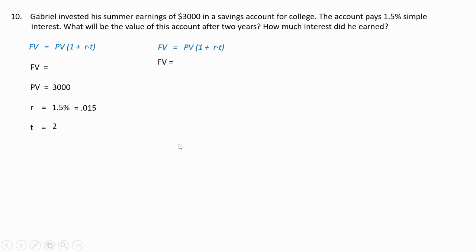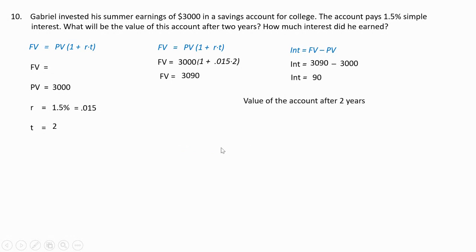Now what we do is plug it into the formula and put it into the calculator. So the future value is 3,090. Now you want to find how much interest he earned. For interest, I'm going to subtract the future value minus the present value to find the interest earned, or the extra money that Gabriel earned. 3,090 minus 3,000, so the answer will be 90.